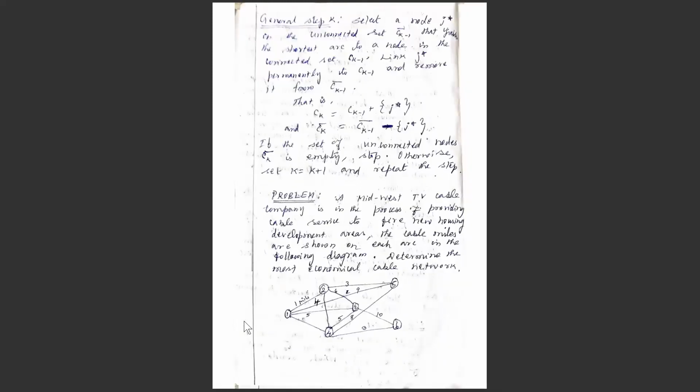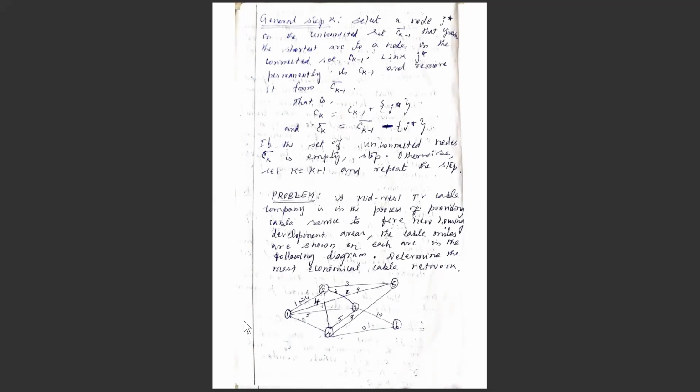General step k. Select a node j star in the unconnected set Ck minus 1 bar. So from the unconnected set Ck minus 1 bar, you pick a node j star that yields the shortest arc to a node in the connected set Ck minus 1. Link this j star permanently to Ck minus 1 and remove it from Ck minus 1 bar.